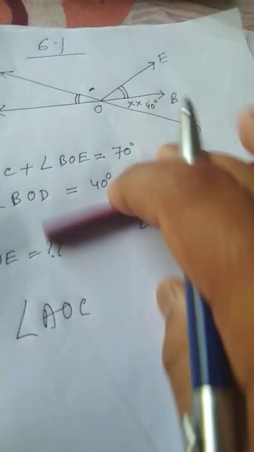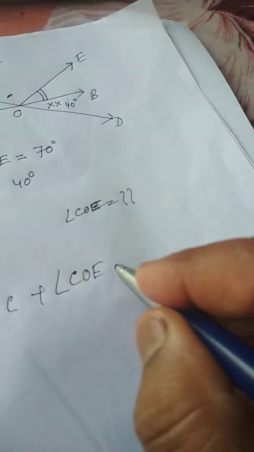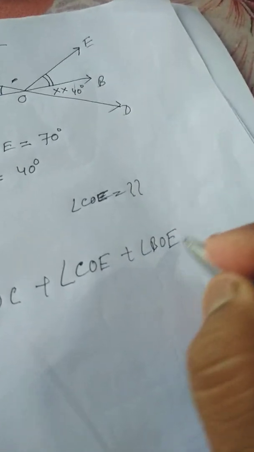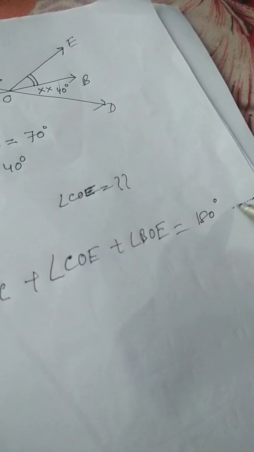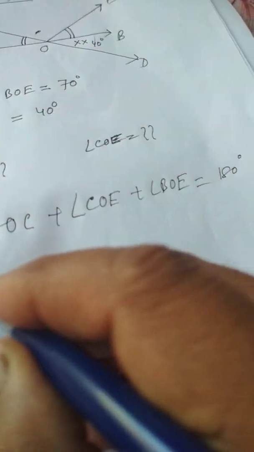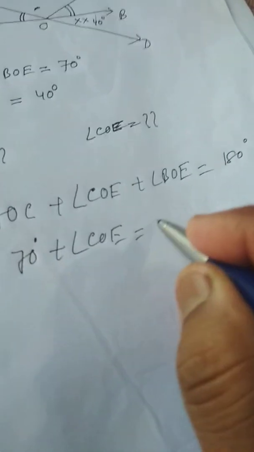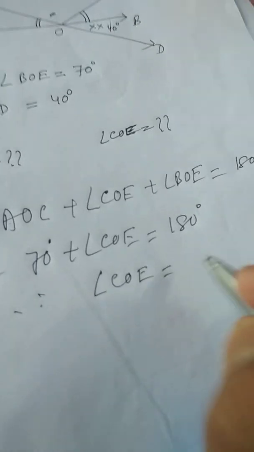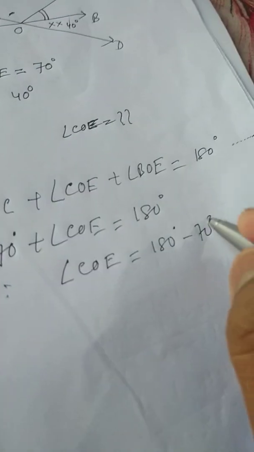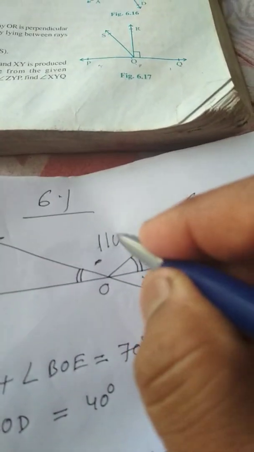Angle AOC plus angle COE plus angle BOE is equal to 180 degrees. Therefore, 70 degrees plus angle COE is equal to 180 degrees. Therefore, angle COE is equal to 180 minus 70, that is 110 degrees.